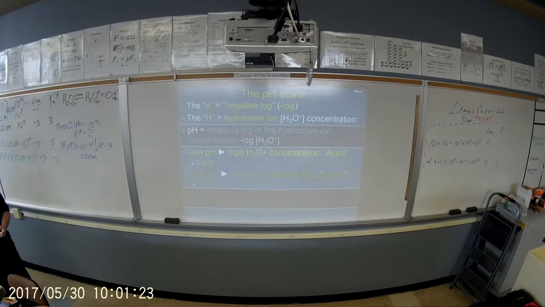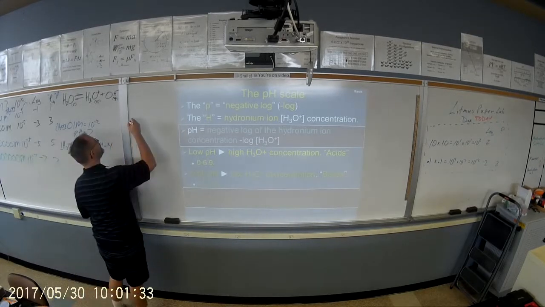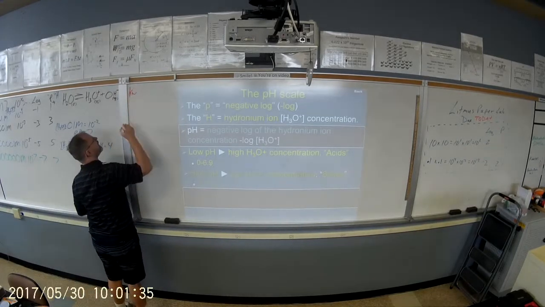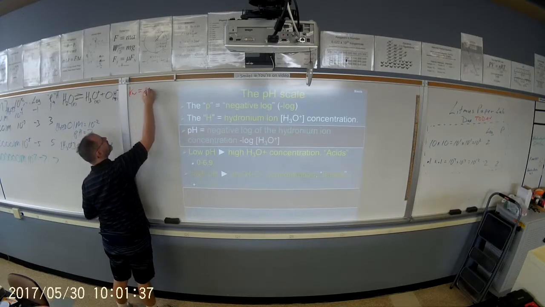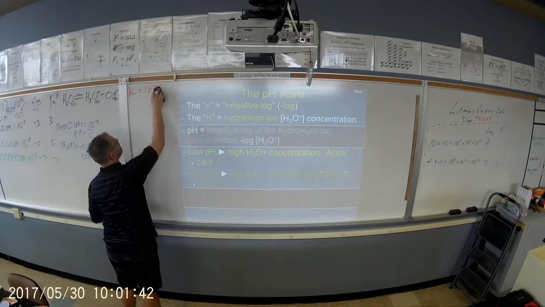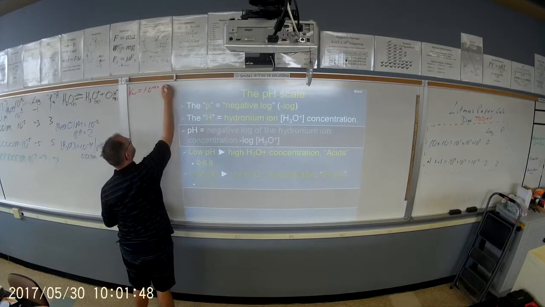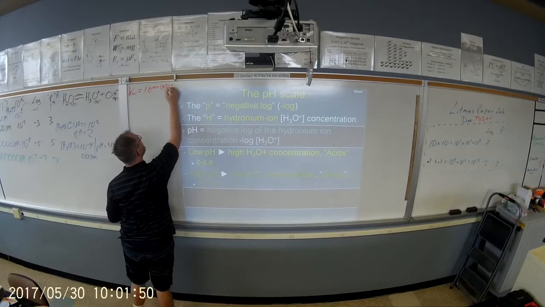Now, there are two really cool relationships that allow us to do really easy math in pH. And this is what they are. There's this number called the ionization of water, and it's 10 to the negative 14. And it's equal, like any other equilibrium expression, to the cation times the anion.